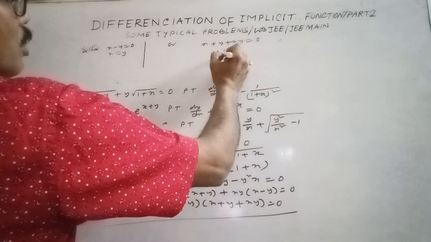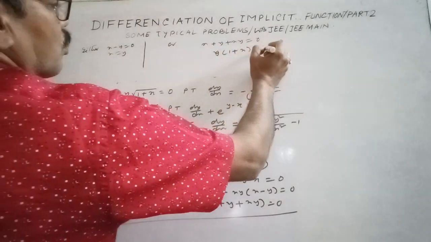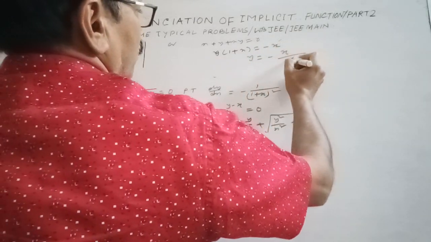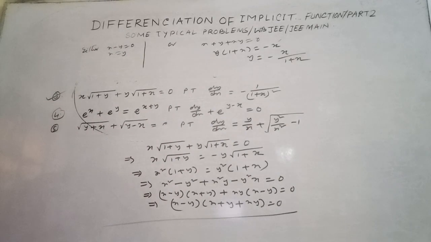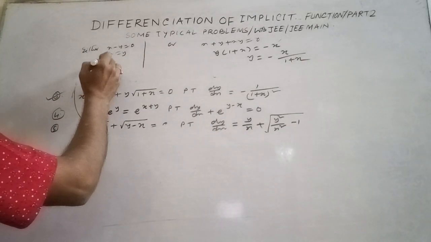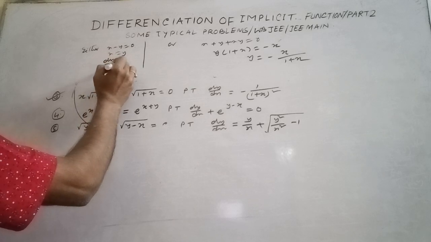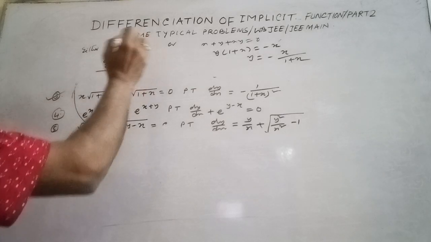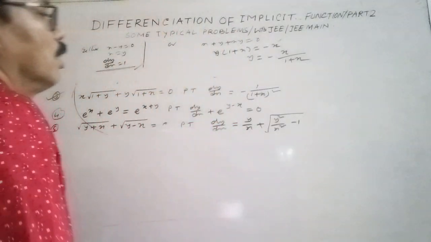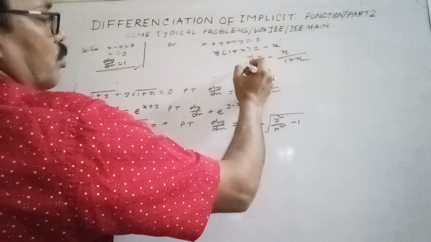So y into (1 plus x) equals to minus x. So y equals to minus x by (1 plus x). So we are getting two options. Now what is dy dx? dy dx equals to 1, so not desirable. Now the second one is y equals to this.